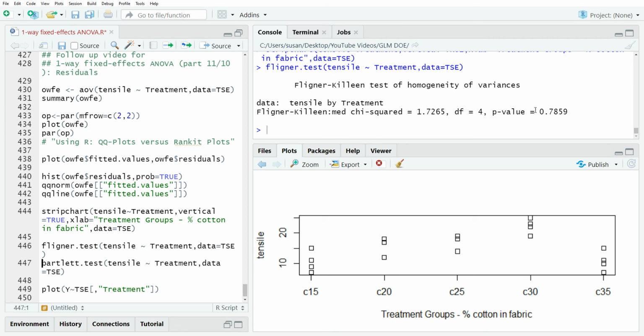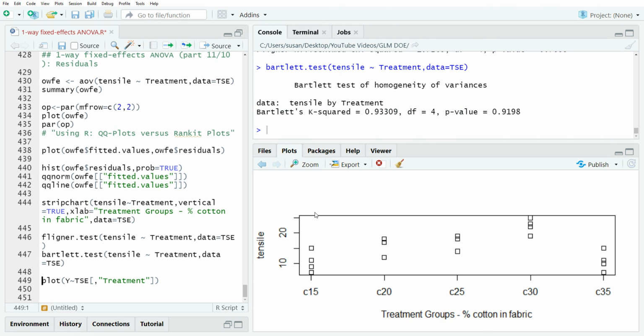And so since we don't reject the null hypothesis, then we assume that there is a constant variance associated with this. Bartlett's test is also a similar type test. And again, the p-value is not small, so we don't reject the null. So there's no evidence to say that there isn't homogeneity in the variance, meaning there's a constant variance.